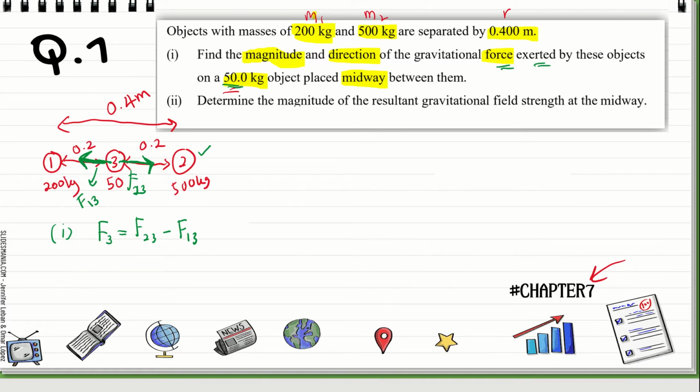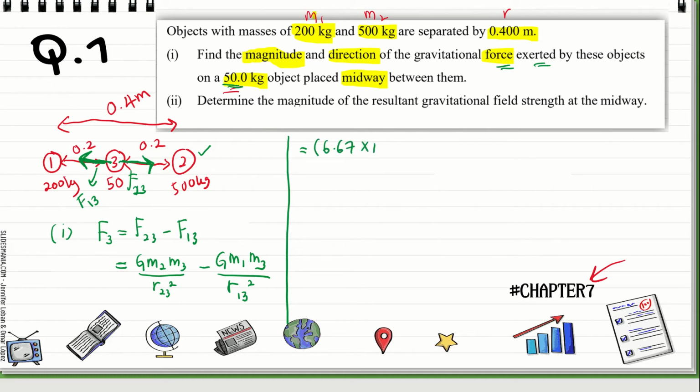So we need to calculate our F23 and F13. Now we substitute the equation: G M2 M3 over R23 squared minus G M1 M3 over R13 squared. So we continue the calculation. We can just factorize what is the same. So we have G is 6.67 times 10 to the minus 11, and mass 3 can also be factorized.